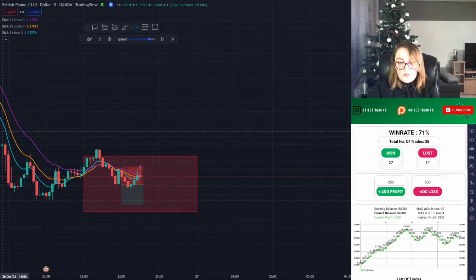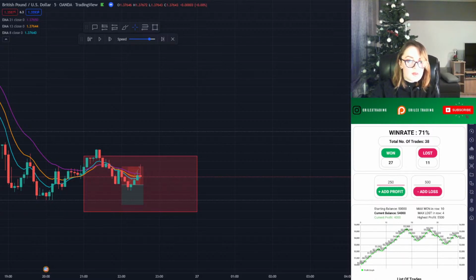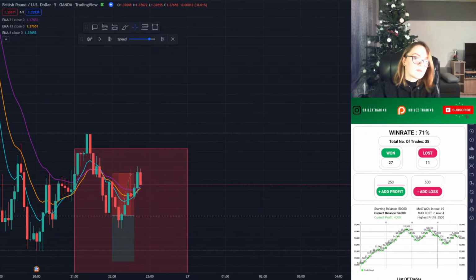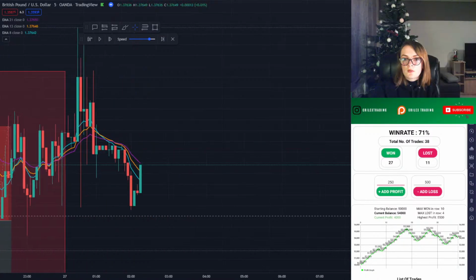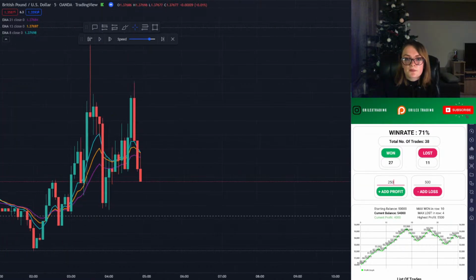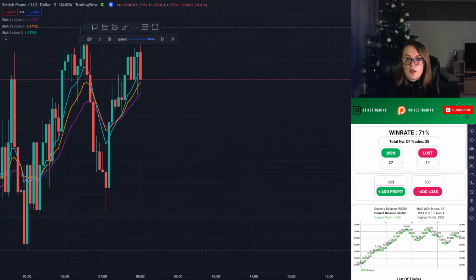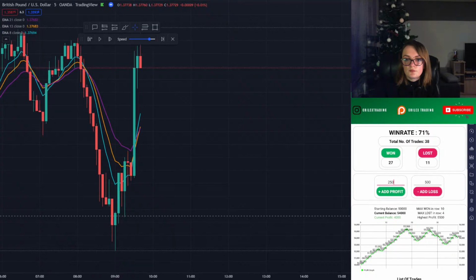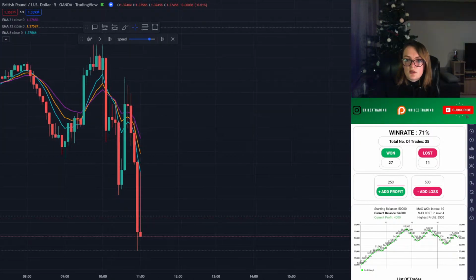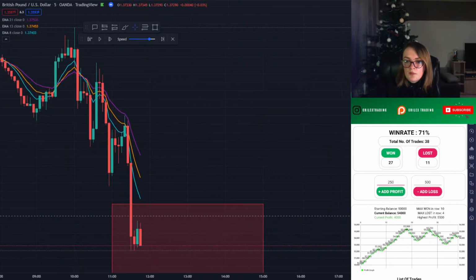I will mark it also in the Excel sheet on the 26th of October. Got this one loss. And let's scroll to the next zones. The price tends to be really choppy this time.